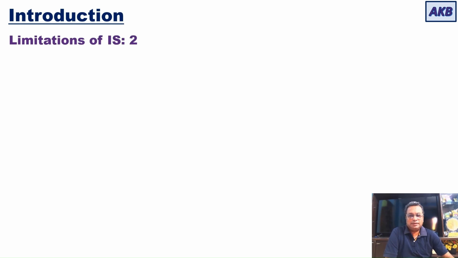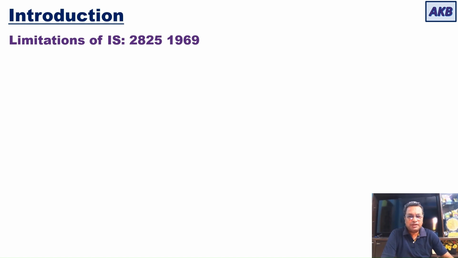Now, before we understand what are high pressure vessels, let us first know about the limitations of Indian Standard 2825 1969. This is a standard that is being followed for designing unfired thin-walled pressure vessels in India.